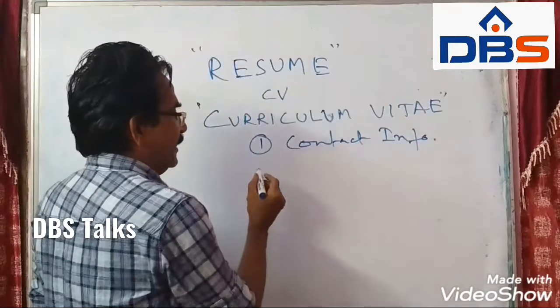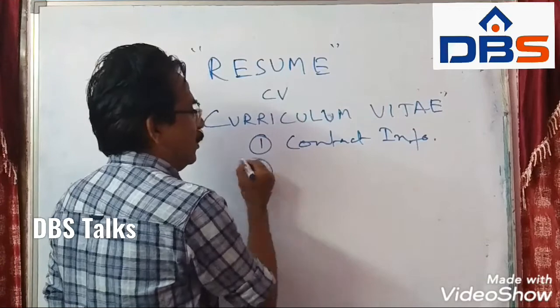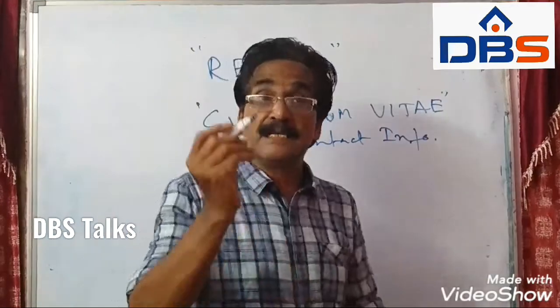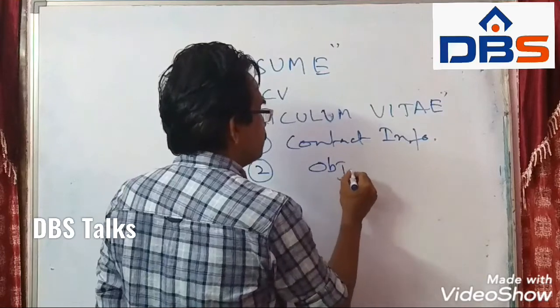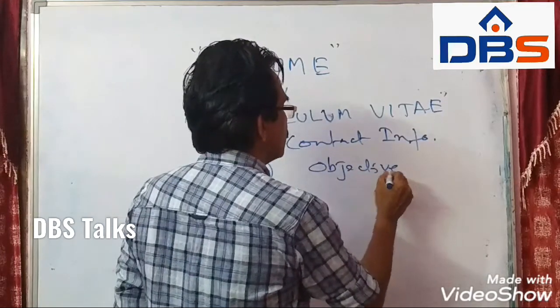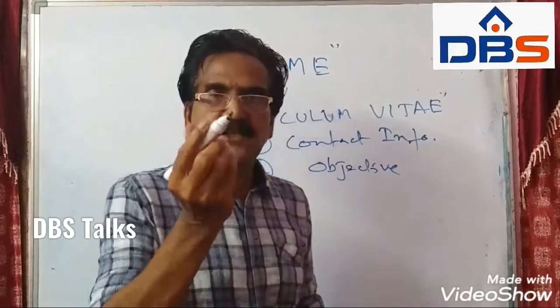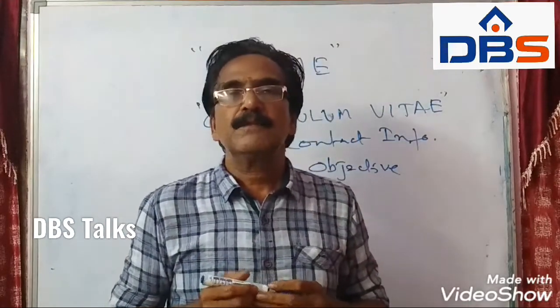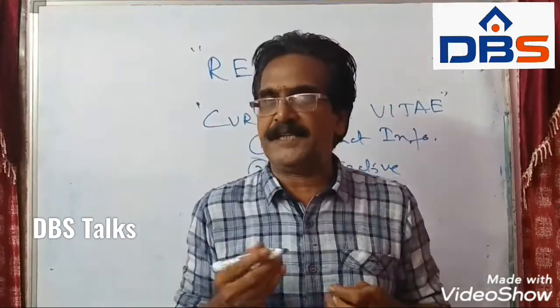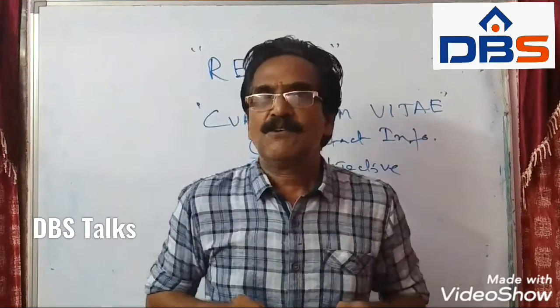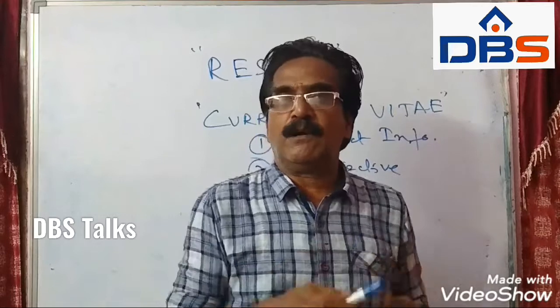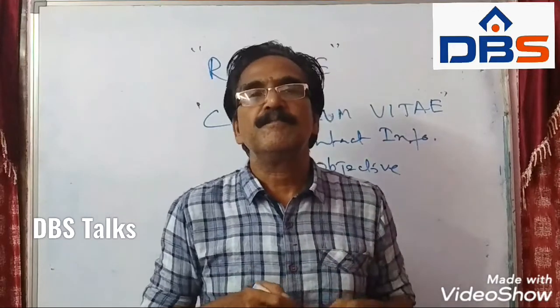And the second thing, friends, which you have to present is career objective. See friends, you are a fresher, you don't have any job experience, you have just left your college or university.